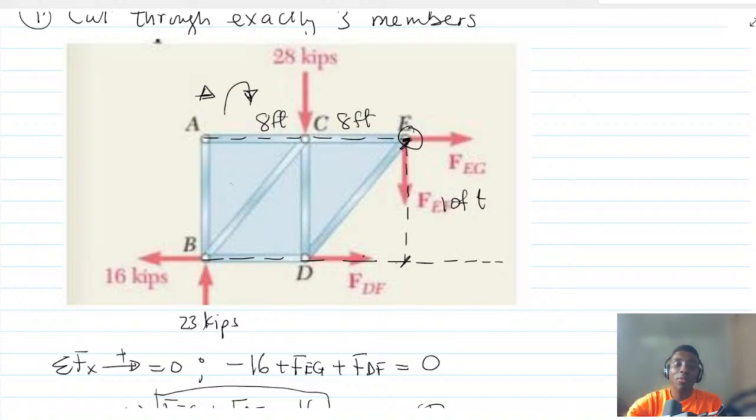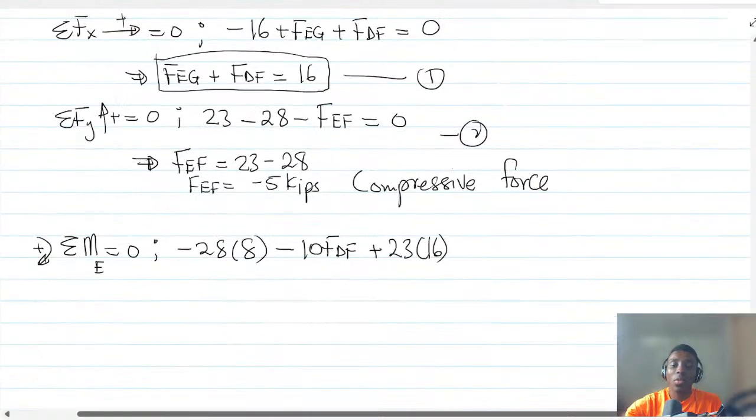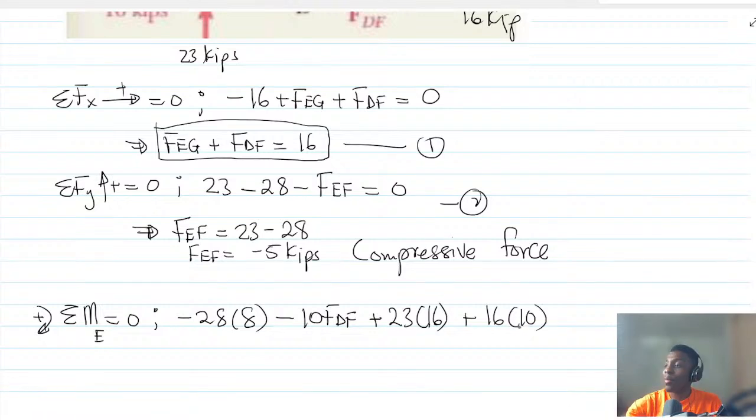The moment will cause this rotation in this direction, which is clockwise. In fact, by the principle of transmissibility, we can bring the 16 kip here. So the actual moment is going to be in this direction, which is clockwise, so it's going to be positive. So plus 16 times 10 should be equal to 0.